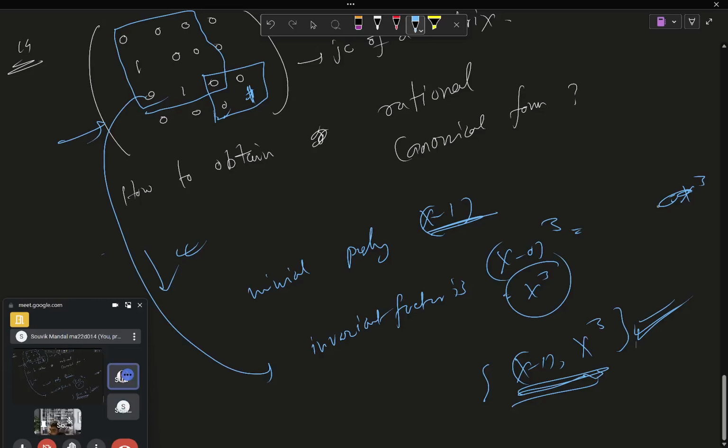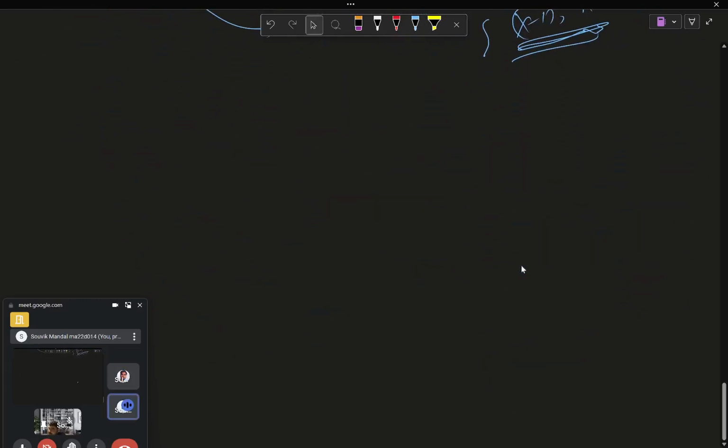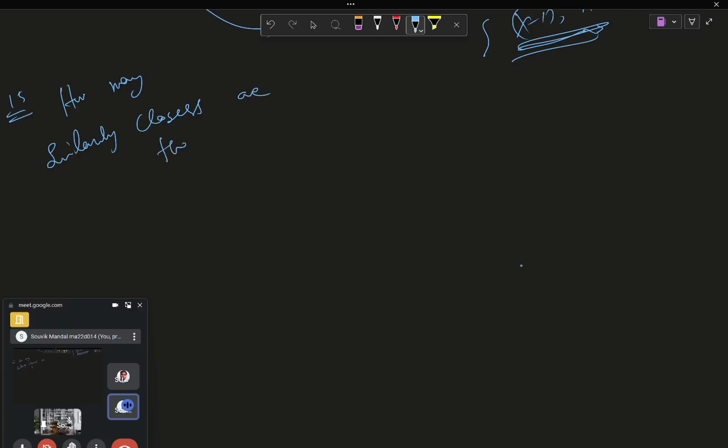So the next question is question number 15. How many similarity classes are there which satisfy the equation A square equals A?